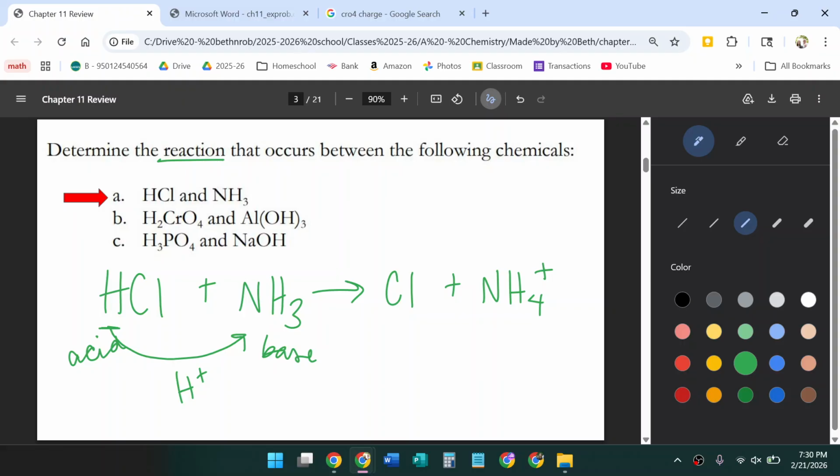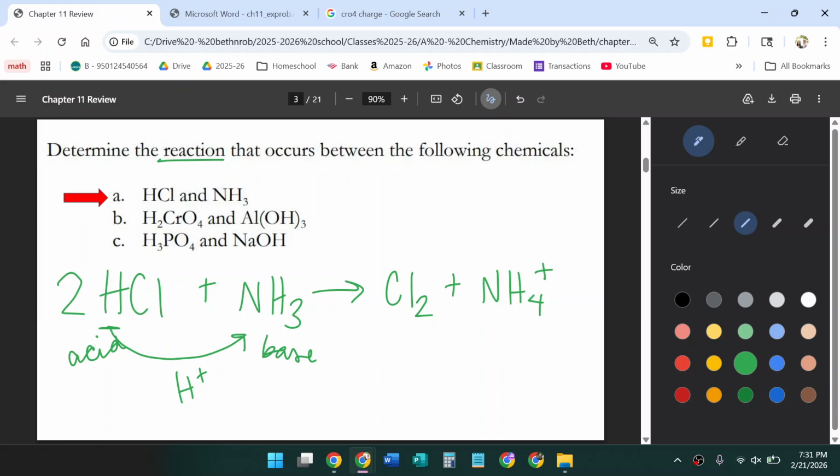Now, to finish balancing this, you have to know, are these things correct? Well, Cl is one of our diatomic elements, so it has to have a 2 there. And then NH4 plus is fine like it is. So then we have to look. There's 2 Cl's on the right, so let's add 2 Cl's on the left.